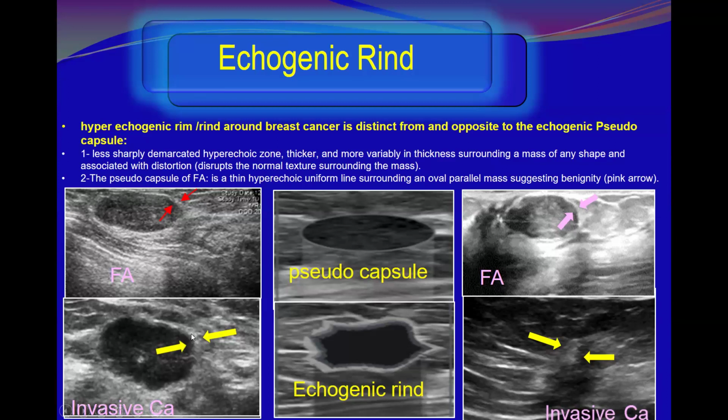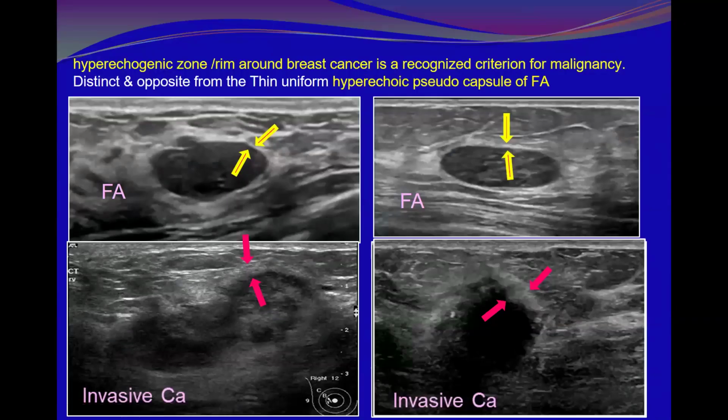And this one you might say is relatively thin, but it is indistinct. It is not uniform, not sharp, not pencil-like. Here it looks thin, but here a little bit thick, here thick. As we mentioned, at the side it is thicker. Again, this is an echogenic rind. Another example: look how thin and uniform the capsule is.